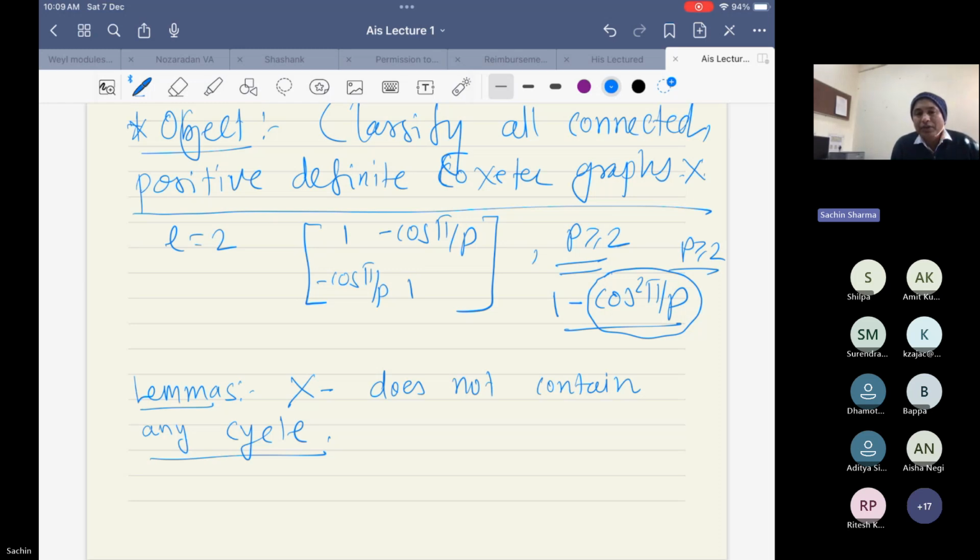Okay, so if it contains some cycle, let these be m vectors, m less than or equal to l, like e1, e2, up to em, right?